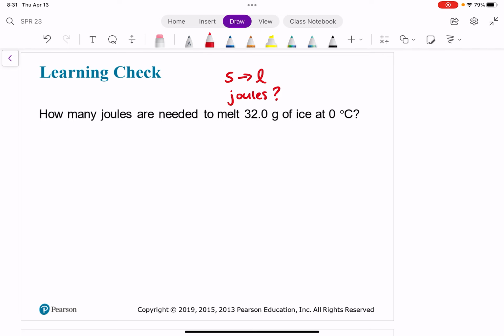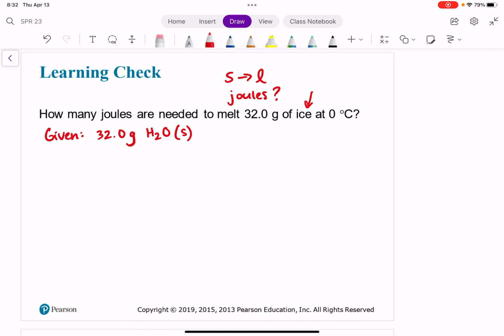And then what do we have? We are given 32 grams of ice. So let's actually practice writing this out. We know what ice is represented as. We just saw it in the other slide, H2O with an S next to it. Solid water, ice, right?